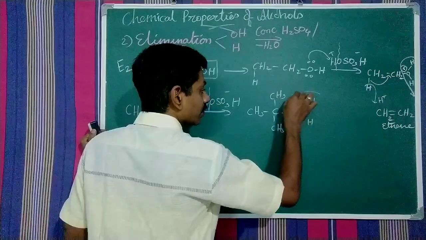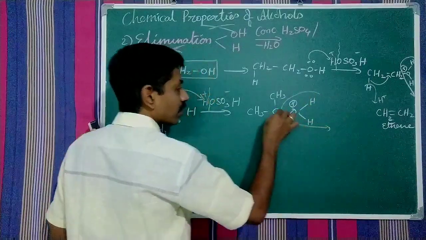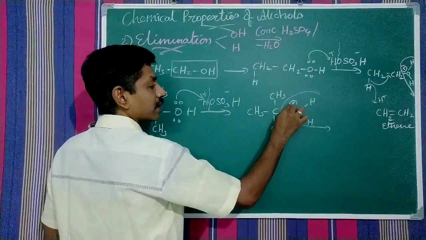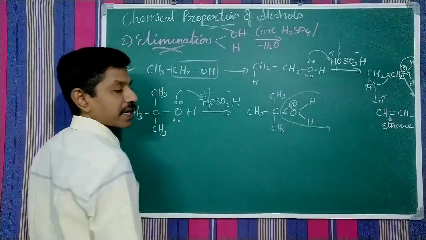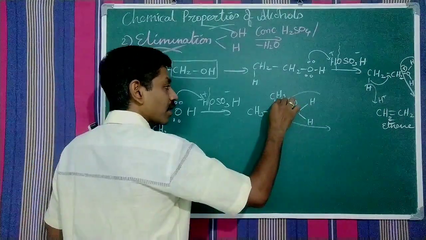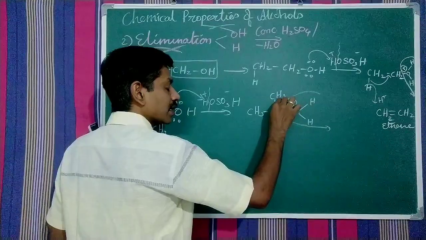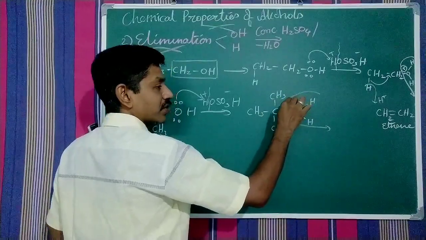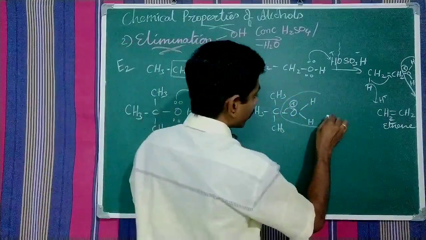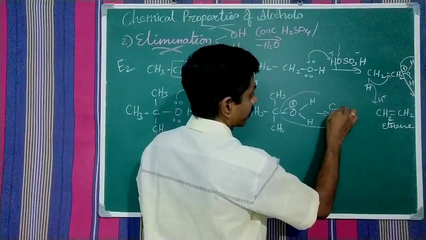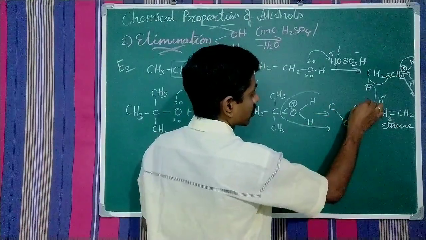Next step, this water will be removed. It will go with the electrons of carbon, and the positive charge will get neutralized. Thereby the carbon will lose an electron and get a positive charge. So there is a formation of a carbocation. We learnt this in the last reaction also.